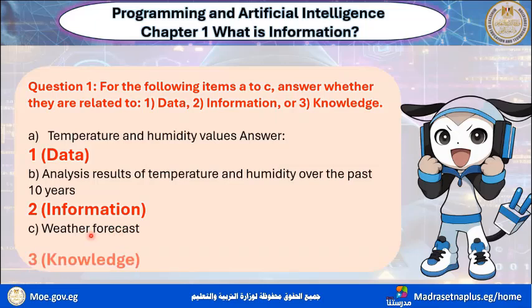So we call it knowledge, of course. This is how to differentiate between data, information, and knowledge. Temperature is data. Humidity values is data. The analysis results of temperature, we call information. We use these analysis results of temperature to forecast the weather. This is knowledge.